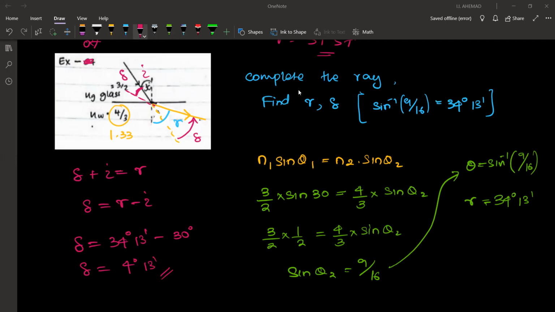Najima, clear? So when you're doing questions, when they ask for the angle of deviation, don't have a general equation. Just look at the diagram and try to understand, okay, what's happening.